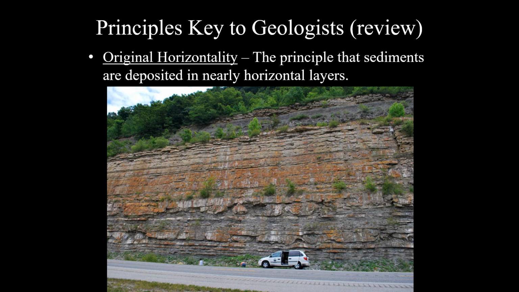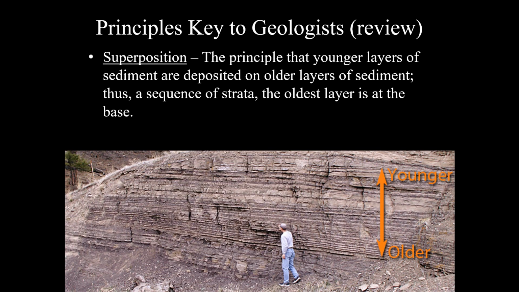And then eventually, in order to make a rock, you have to bury that material, and in order for it to get buried, you have to pile more material. So you tend to do this in relatively horizontal places, the bottom of valleys, for example, as opposed to the slopes of a mountain. So this is the principle of original horizontality.